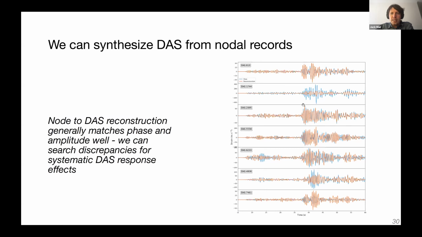We match the phases extremely well, and we generally match the amplitude of the DAS records at all sorts of locations on the cable. And this sort of operation is useful because it enables us to calculate how well the cable is performing. So DAS as a new technique is not really as well calibrated as the nodal data.